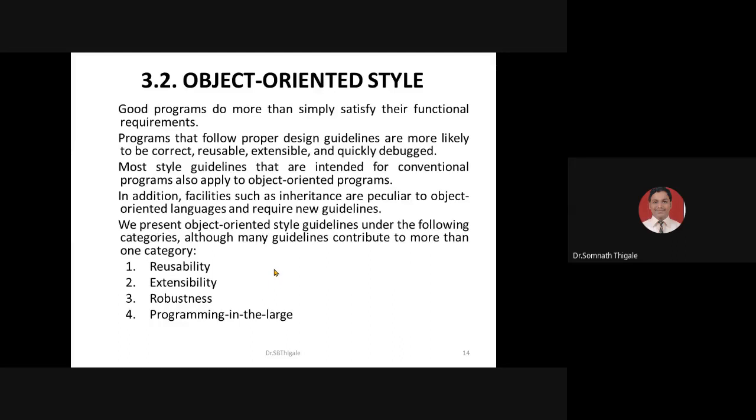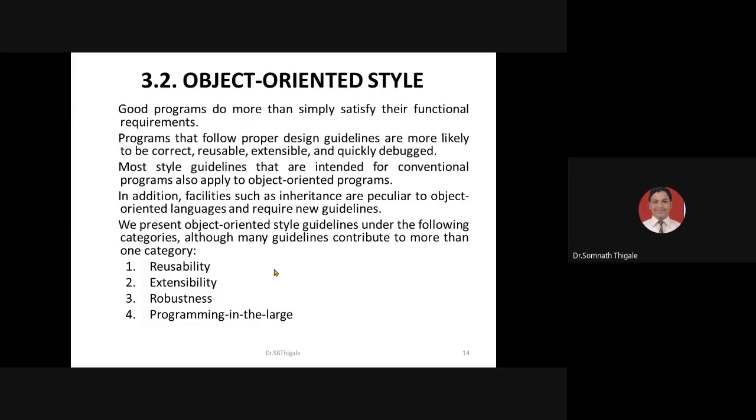Most style guidelines intended for conventional programs also apply to object-oriented programs, correct? In addition, facilities such as inheritance are peculiar to object-oriented and require new guidelines. We present object-oriented style guidelines under the following categories, though many guidelines contribute to more than one category.